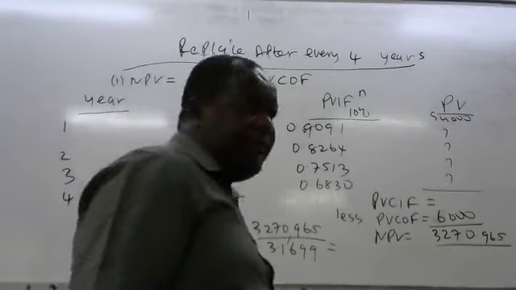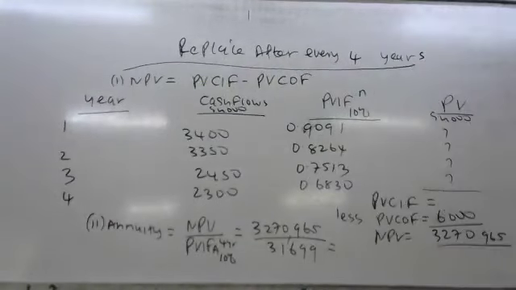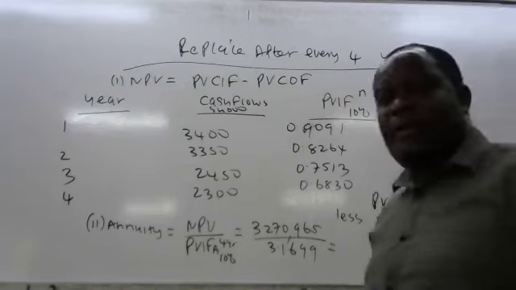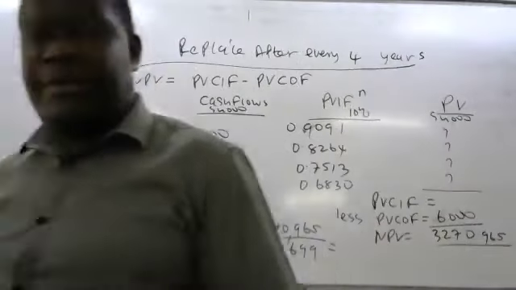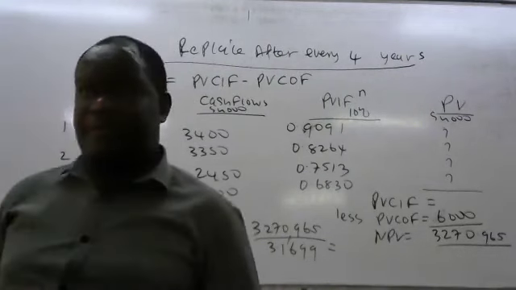You want to advise. So maybe you can check first, when you replace after every 1 year, every 2 years, 3 years, and 4 years, which one has a higher annuity?